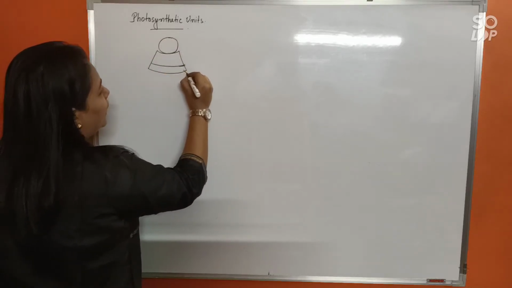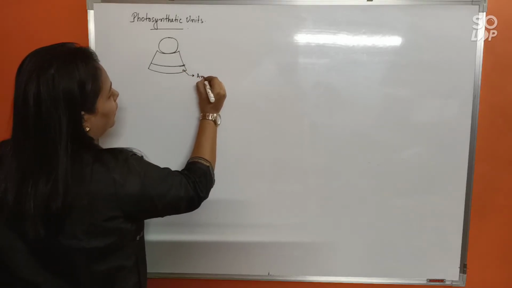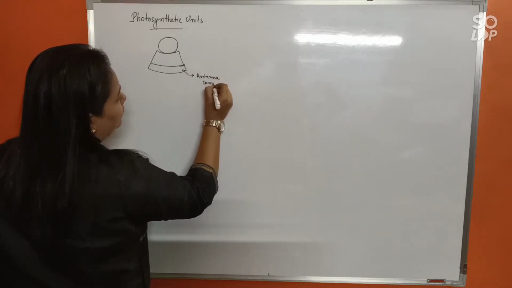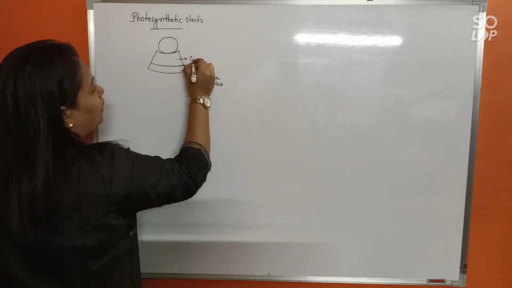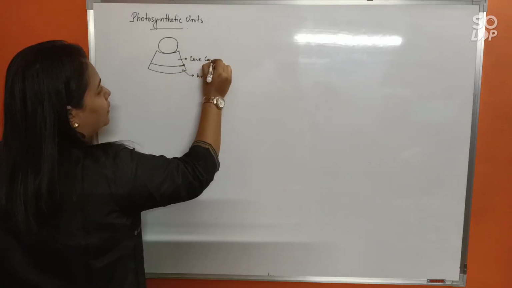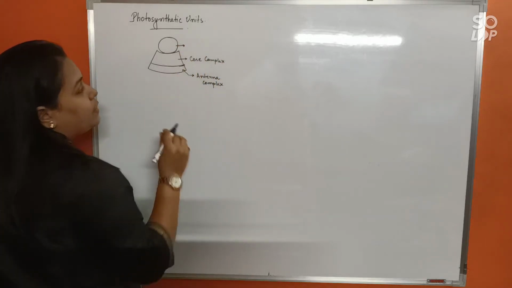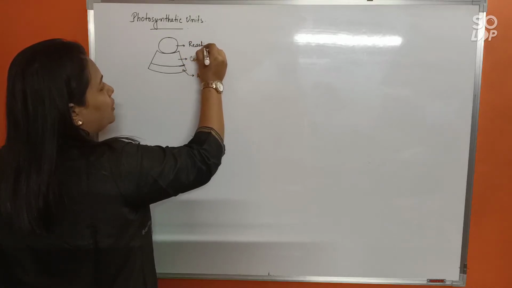The outermost layer is known as the antenna complex. Then comes the core complex, and finally remains the photocenter, or we can also call it the reaction center.